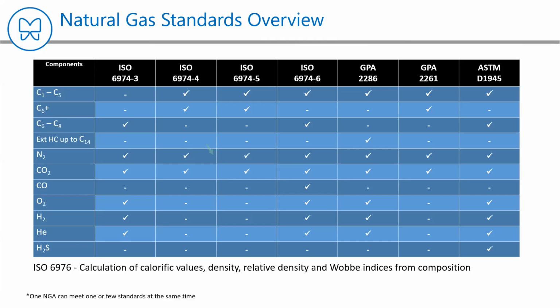So this ISO is for software, to provide the needed calculation after the analysis finishes. We can say that these standards are for hardware and this standard is for software.